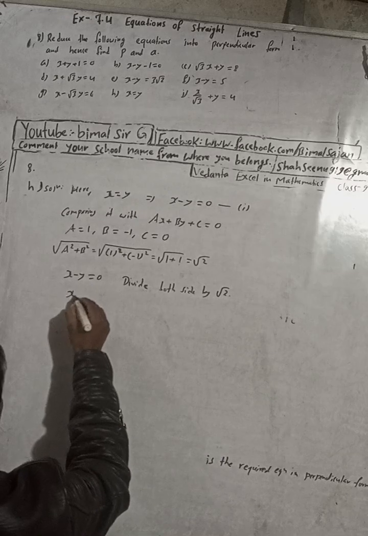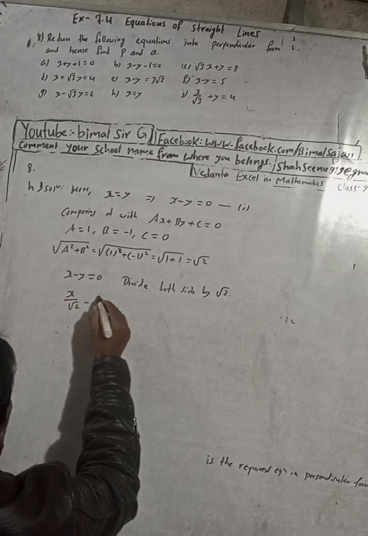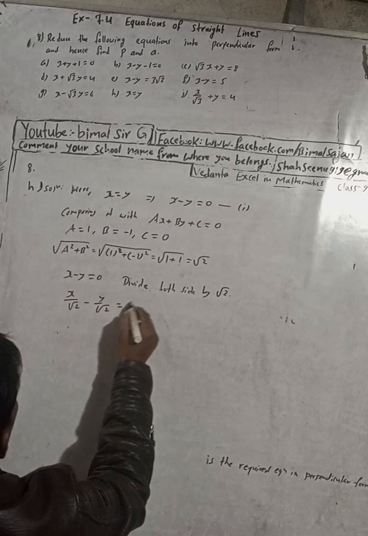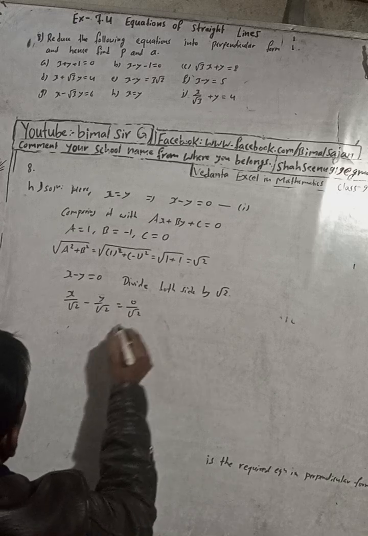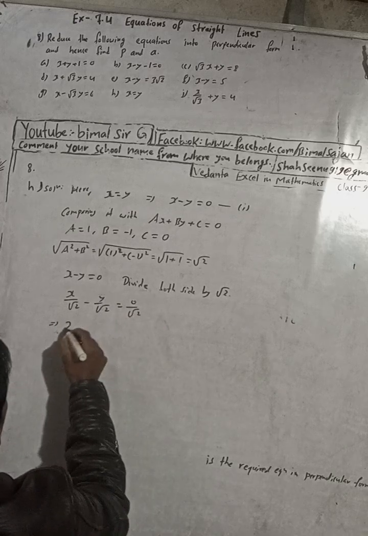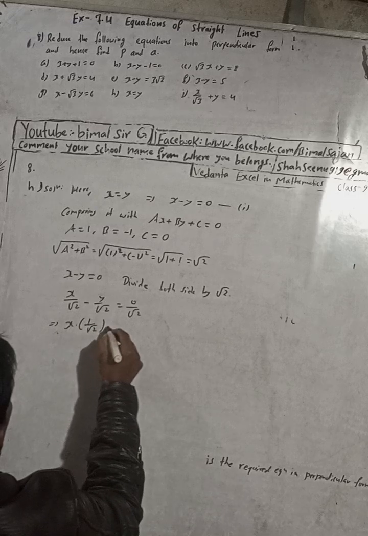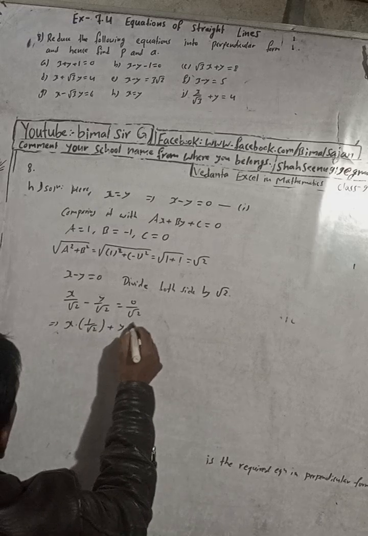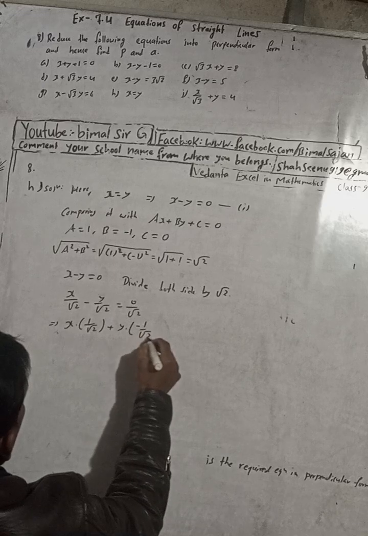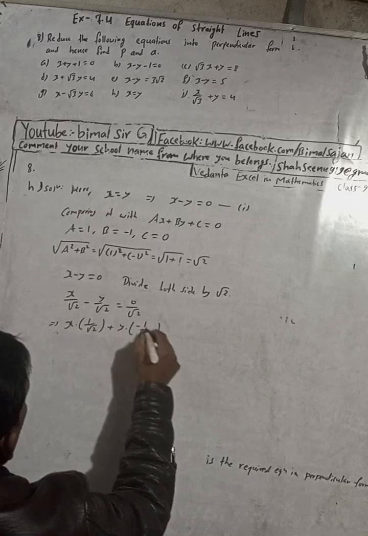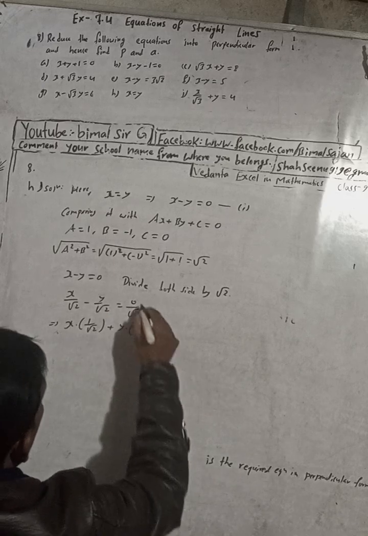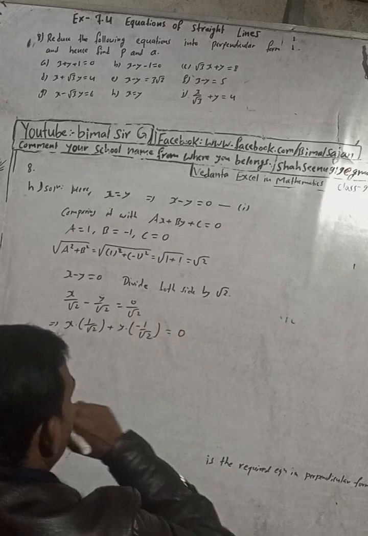Now this can be written as x by root 2 minus y by root 2 is equal to 0 by root 2. So this can be written in a special form, x times 1 by root 2 plus y times minus 1 by root 2 is equal to 0, since 0 by root 2 is equal to 0.